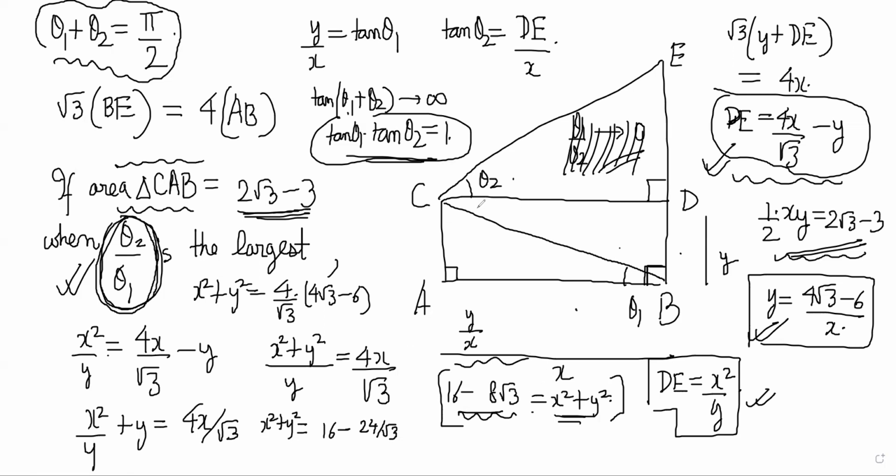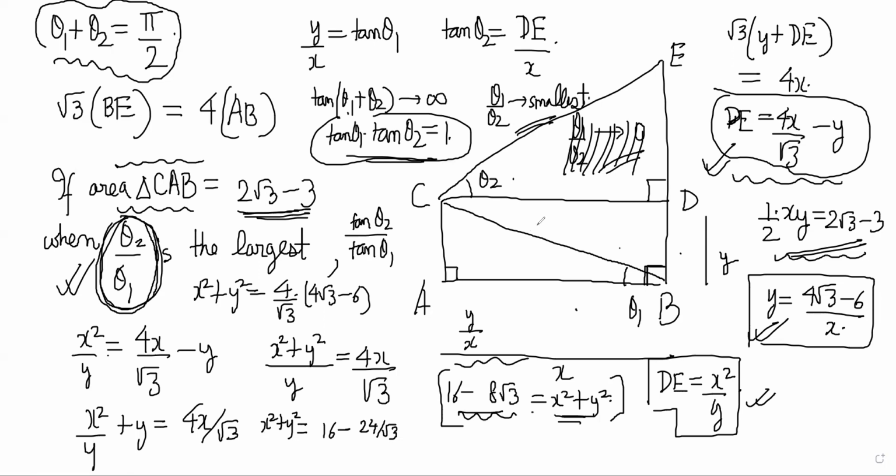So we can say tan theta 2 by tan theta 1. What is that? Theta 2 by theta 1. So, instead of theta 2 by theta 1 being largest, let's do theta 1 by theta 2 being smallest.